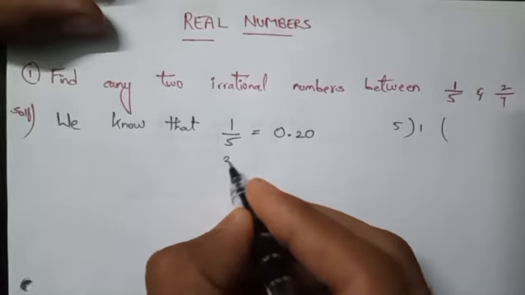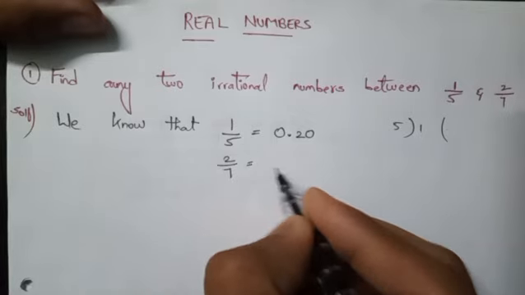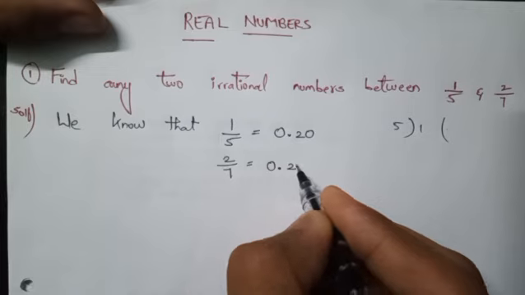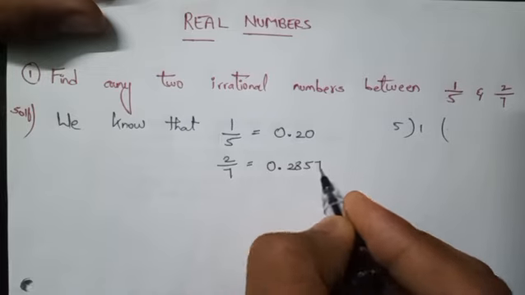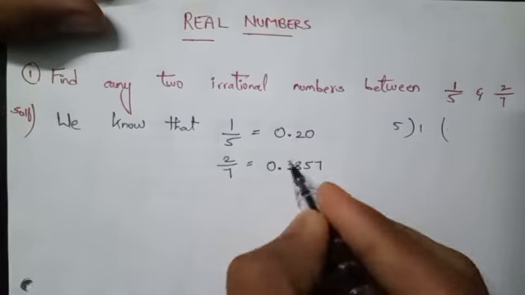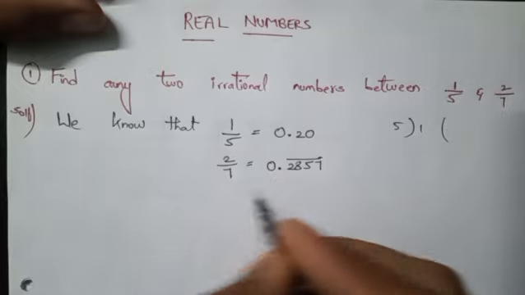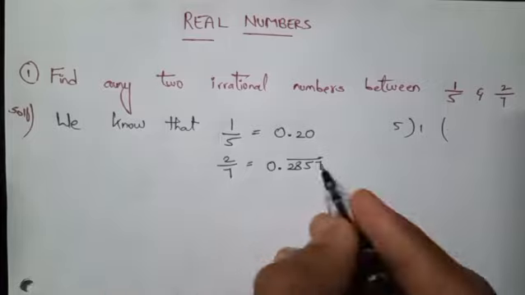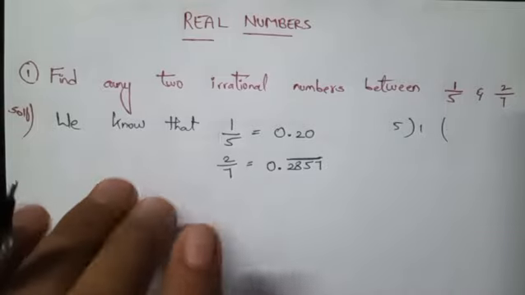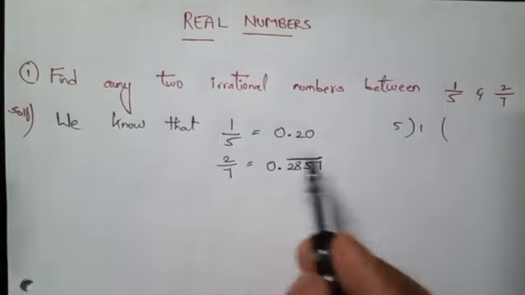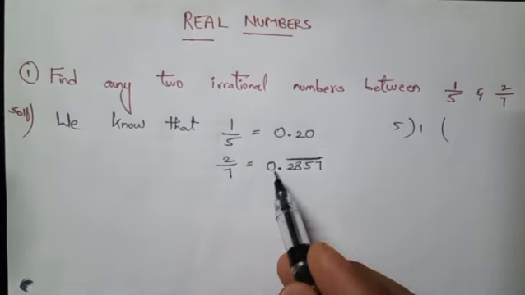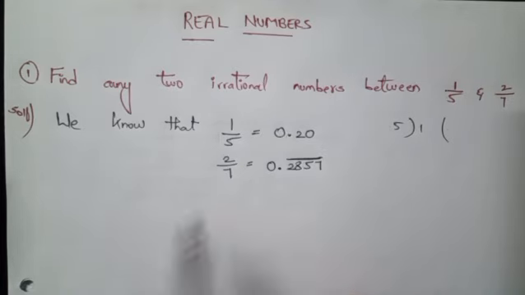And 2 by 7 is equal to 0.2857, and so on, with a bar. If you divide these two numbers, you will get 0.20 and 0.2857 bar. If you don't know how to divide them, please watch lecture number 2.